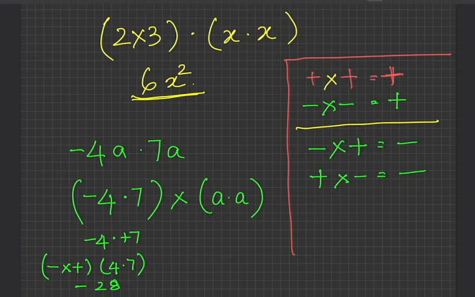So the product of the numerical coefficients negative 4 times positive 7 will give me negative 28. And a times a will give me a squared. So this is the product of two monomials, negative 4a times 7a.